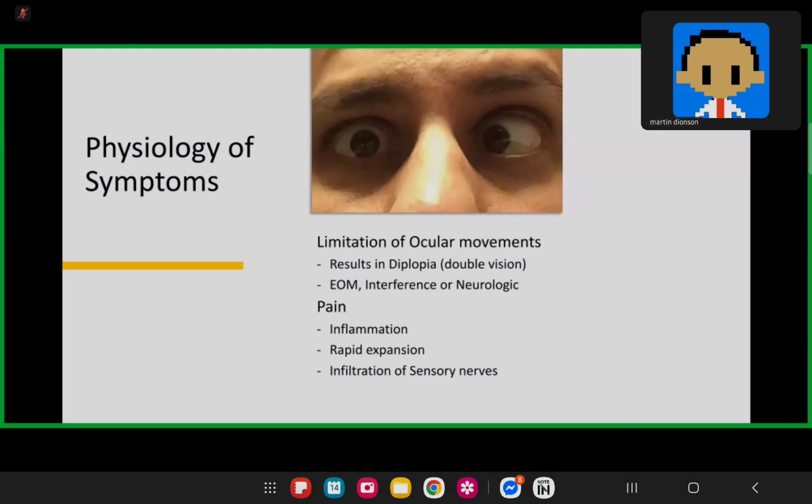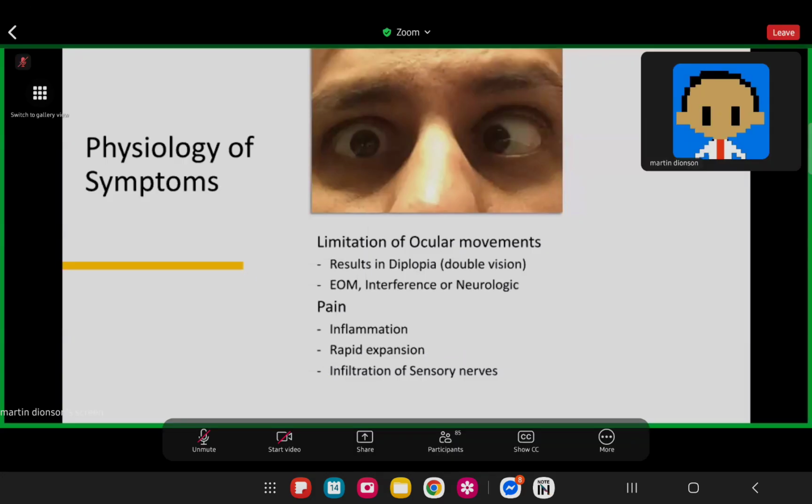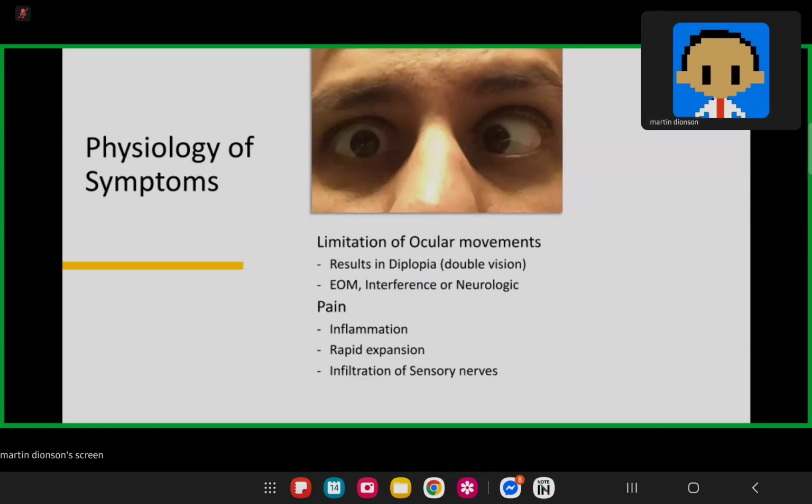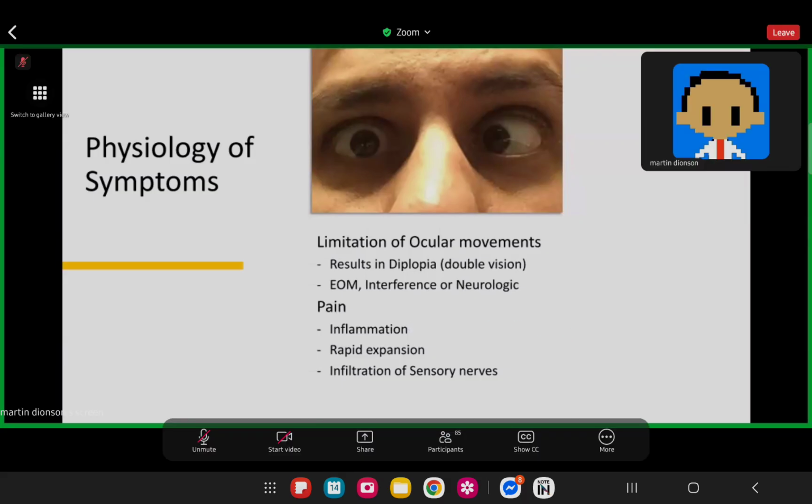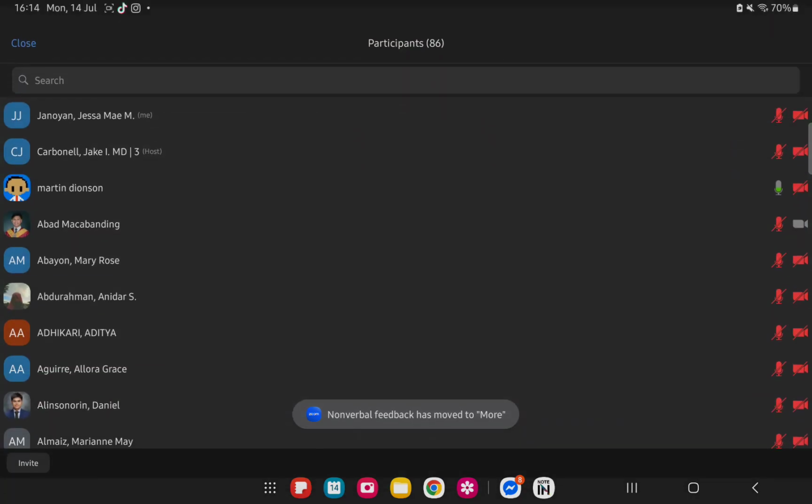So here in the photo, you see that there is a limitation of the right eye. So your left eye was asked to move or look at the right gaze, but there is no movement of your right eye. Also, if you look closely, there's a shadowing over the periorbital area.